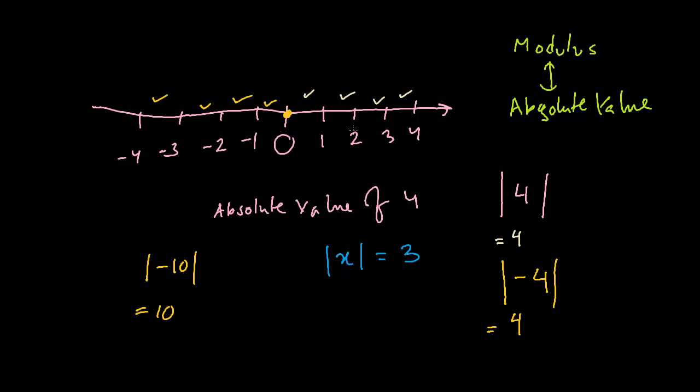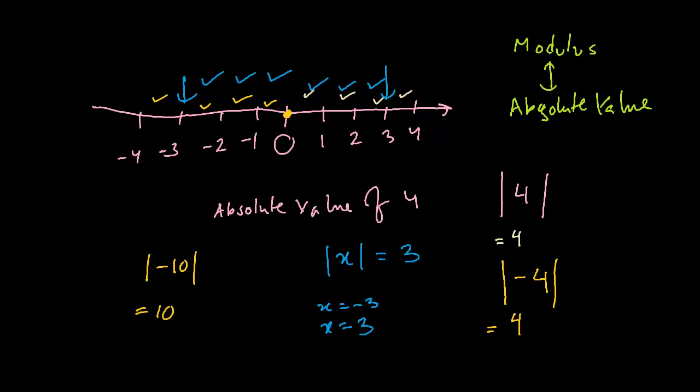Even if x equals -3, the absolute value is going to be 1, 2, 3, or if x equals 3, then the absolute value is still going to be 1, 2, 3.